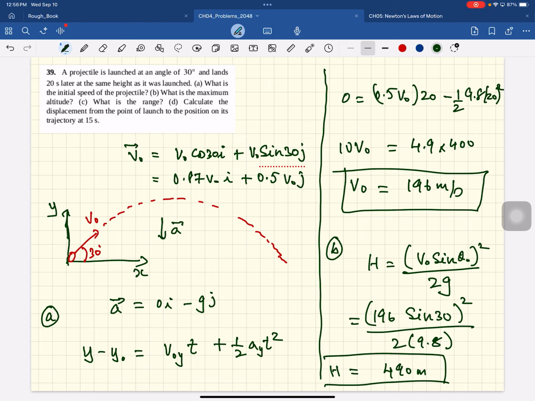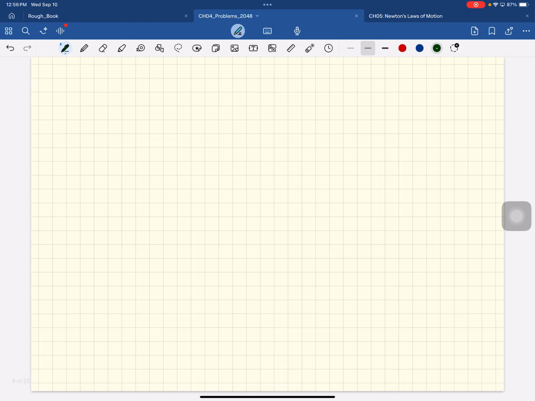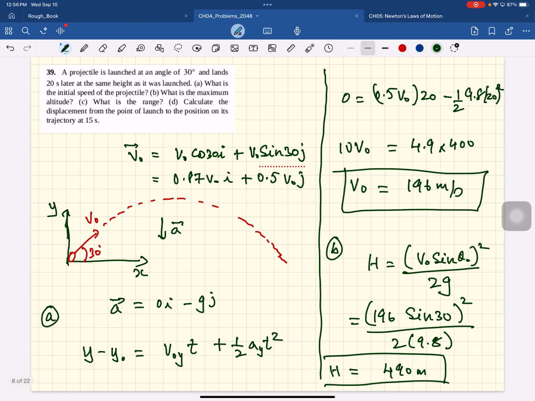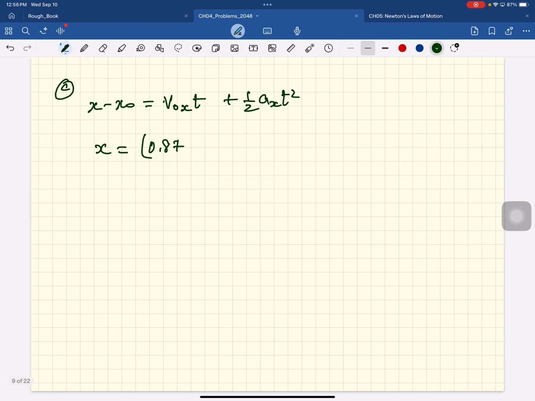What is the range? That's the range they ask you. You can look up the range formula or you can calculate it like so. So this is 0. x is 0.87 times v naught times t, and t, the time of flight, was 20 seconds.